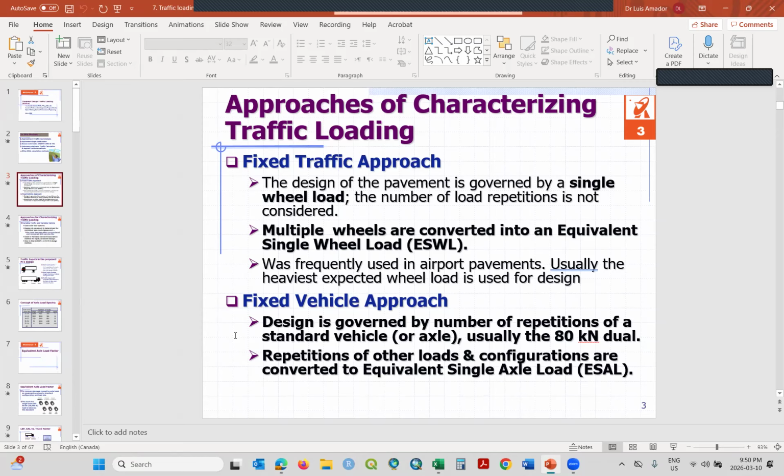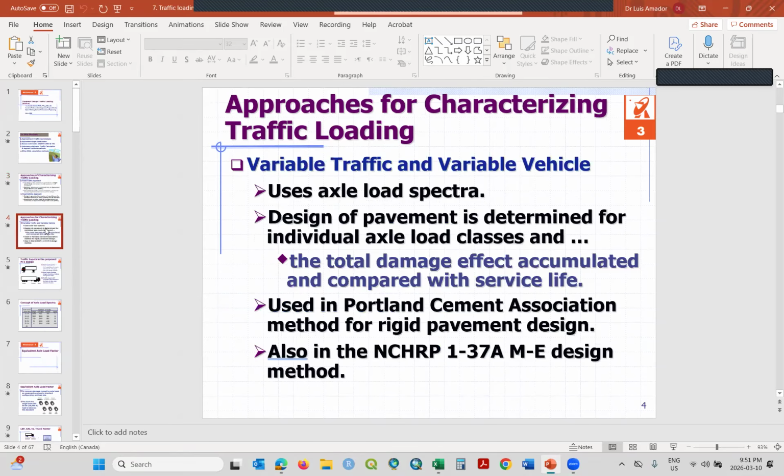So basically, if you think of the traffic mix, we have many types of vehicles, but what this method does is convert all vehicles into this standard axle, this standard vehicle. And then by converting everything into a standard one, you just apply a number of repetitions to simulate how much the traffic demand is going to be.